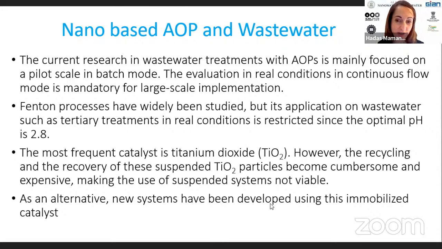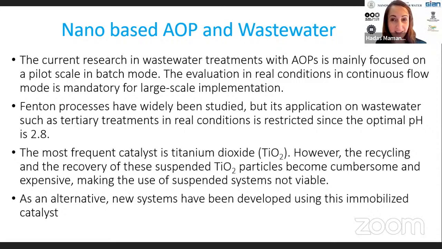As an alternative, new systems have been developed using immobilized catalysts. Of course, when we immobilize the catalyst, we reduce the efficiency of the process. Of course, when we test with real water that also has colloids, organic matter, viruses, whatever, we will reduce the efficiency. But we need to test the efficiency in real conditions to understand if this new synthesis is actually relevant.